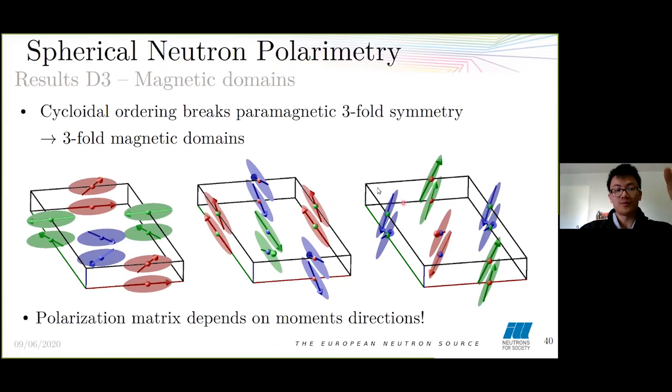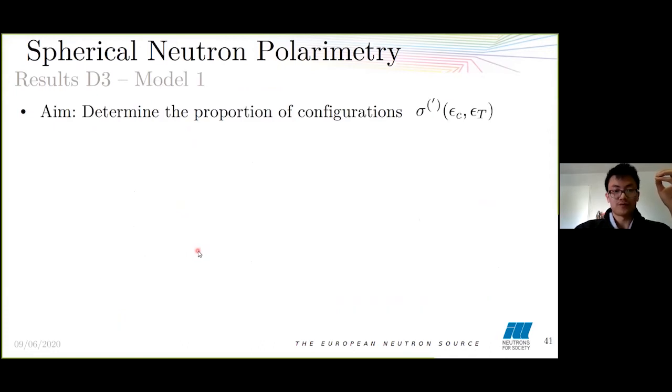If you remember, I talked about threefold magnetic domains, and this is important here because the polarization matrices we are measuring depend on the directions of the moments. If I summarize, the aim of the experiment is to determine the proportion of each configuration.